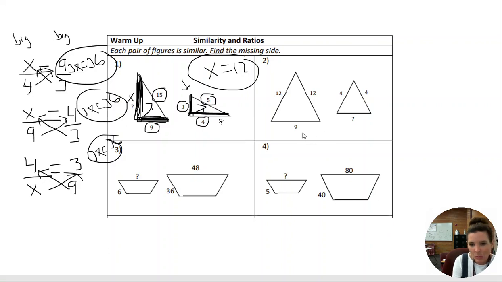Okay, so let's try it for these two similar triangles. So this is the side we don't know. And I'm going to color these in, okay? So this side right here corresponds with this side right here. And this side right here corresponds with this side right here. So if I want to do ratios of the corresponding sides, I'm going to do 9 over x, so bigger triangle to smaller triangle, is equal to bigger triangle over smaller triangle.